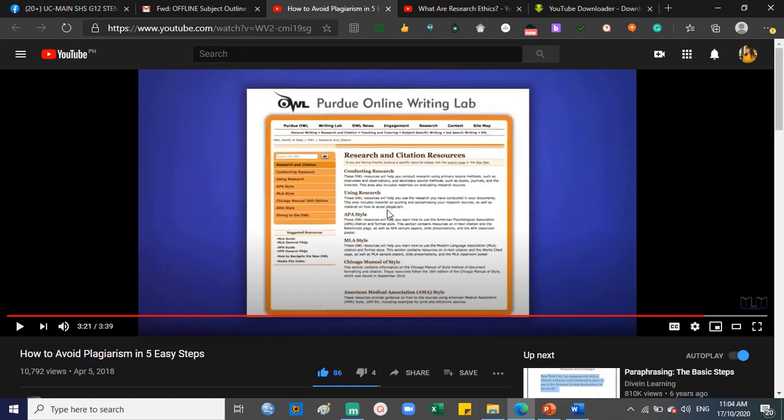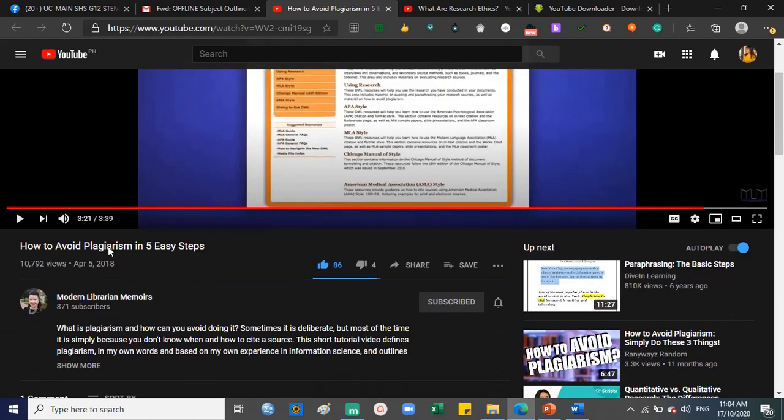Now, that is all. So how to avoid plagiarism? Again, cite, and if you are in doubt, you cite. And please make sure whether you want to have direct quotation or indirect quotation in citing your sources. Again, plagiarism is a form of theft because you are stealing someone's intellectual property rights.